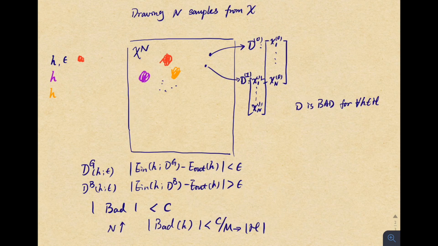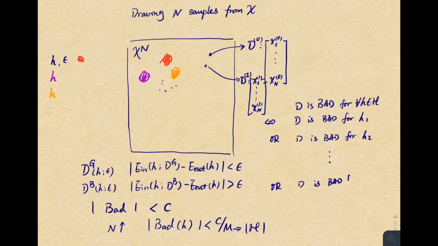That event is equivalent to saying that the data set is bad for H1, or it is bad for H2, and so on and so forth, or it is bad for HM, where M is the total number of hypotheses in the hypothesis candidate set.